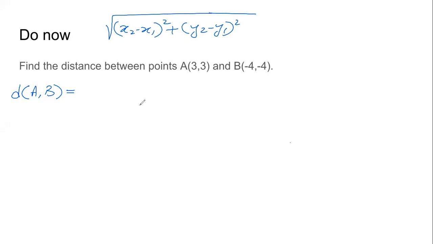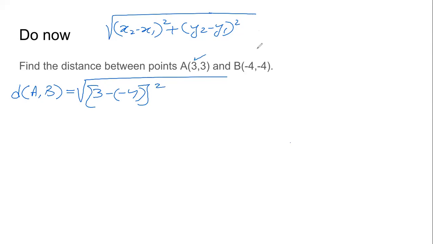We can also interchange the x1s with x2s and y1s with y2s. So we can write the distance between A and B, and I'm writing it in a way that will be easier for me. Maybe you will have a different view of this. 3 minus (-4) whole square.